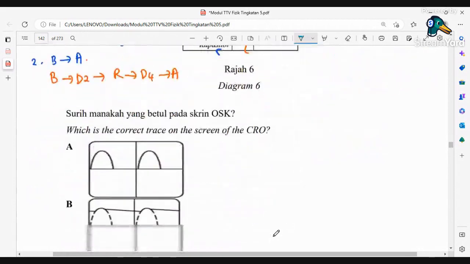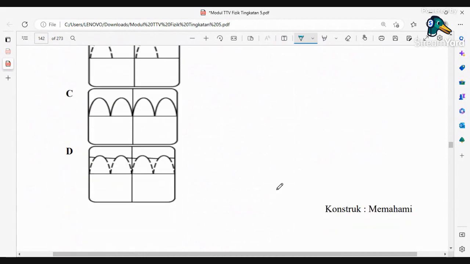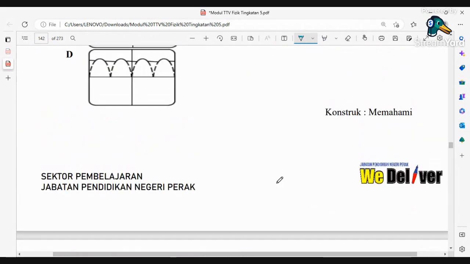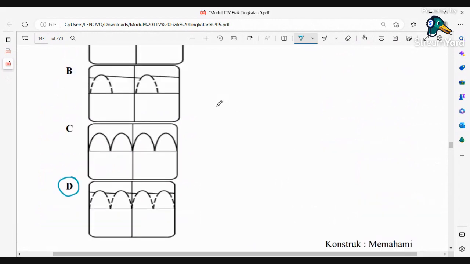So the output will become like this. B. Number 8D, sorry. It's a full wave rectification. This is half wave, this is full wave.